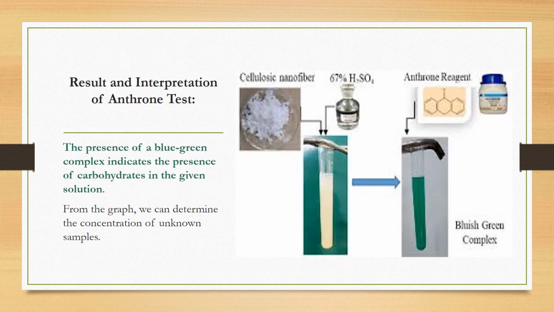Result and interpretation of the anthrone test. The presence of a blue-green complex indicates the presence of carbohydrates in the given solution. If there's a bluish-green complex, that means it's a positive result for the anthrone test, and the carbohydrate is present in this sample.